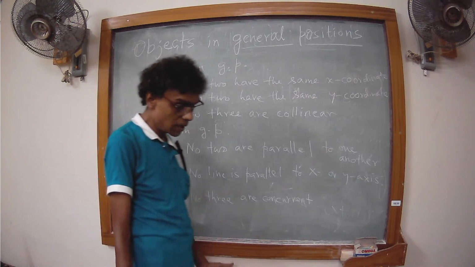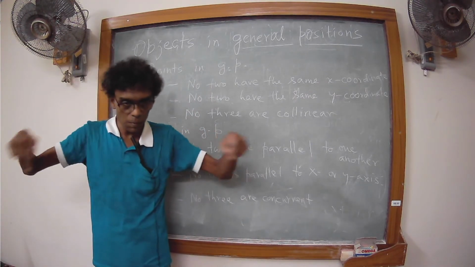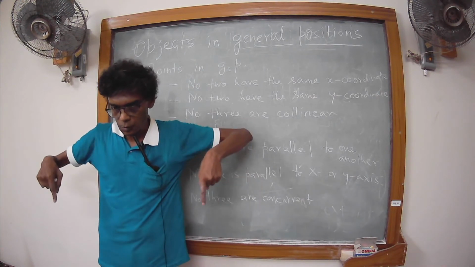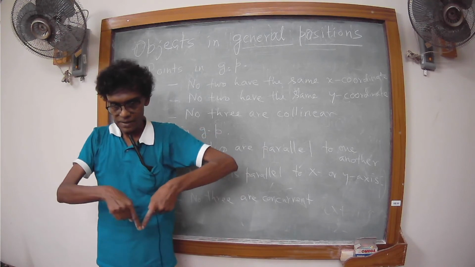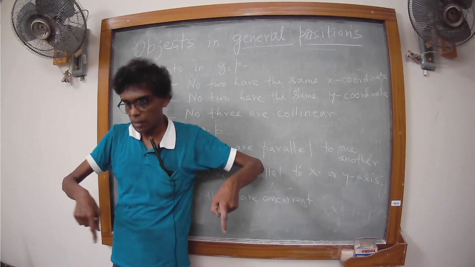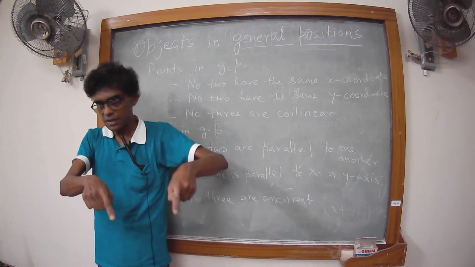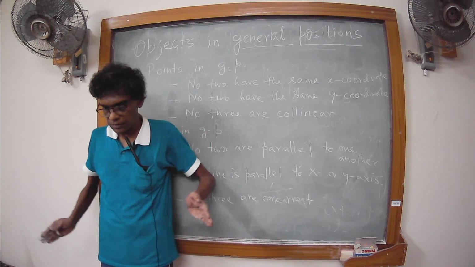For example, if a robot wants to move from one point to another point inside a room, the room is typically assumed to be a square, right? And the objects that you have, like let's say a table, some chairs, they are usually kept aligned with respect to the walls, right?